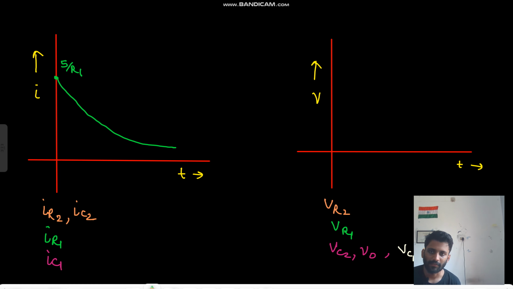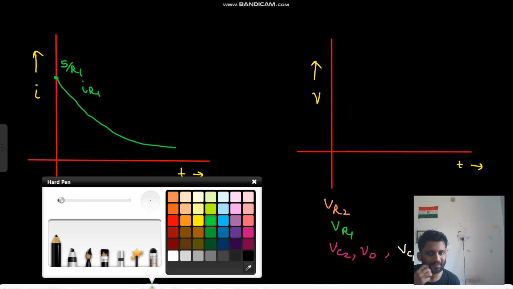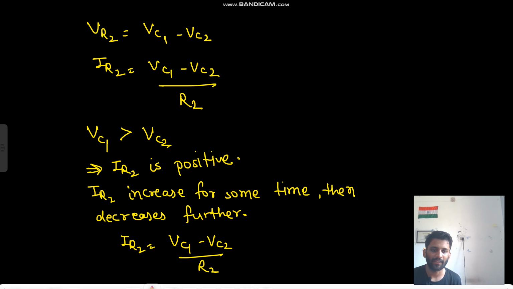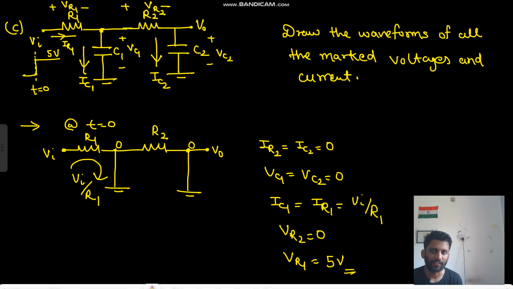This is IR1. Now talking about IC1. Initially it was 5 by R1 and eventually it goes down to 0.